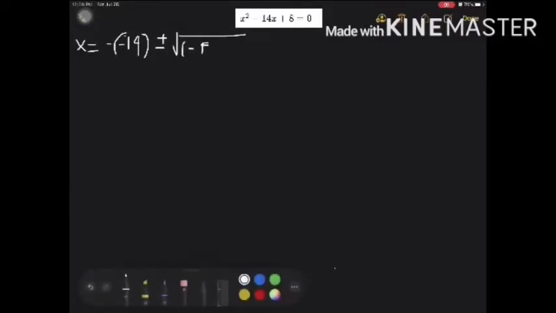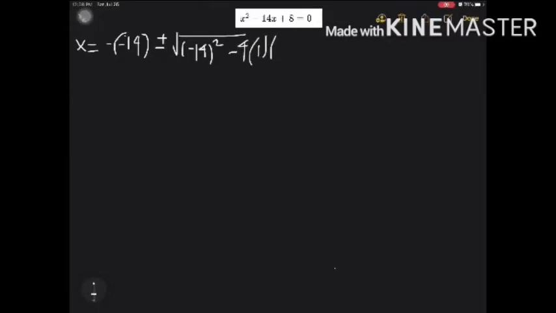So negative 14 is our b, so negative of negative 14, then the plus or minus sign, the square root of negative 14 squared, minus 4, our a is 1, and our c is 8, over 2, then our a is 1.